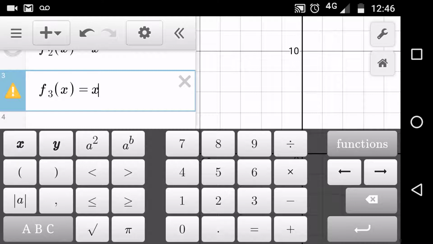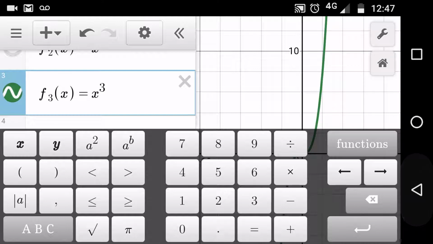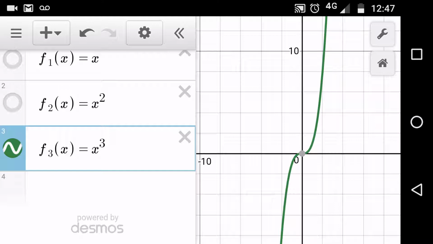Well, you tap the x as always, and then to the right of the squared you have this little button that just puts you in the position of the exponent, and you can choose the number that best fits you. So that will be x cubed.